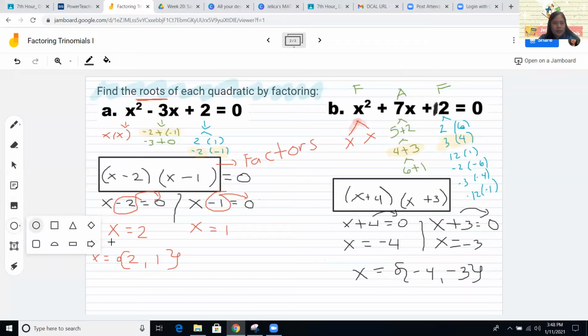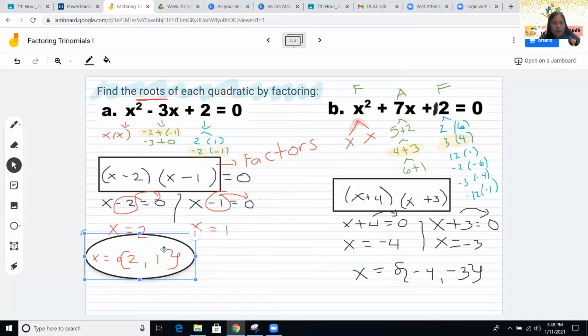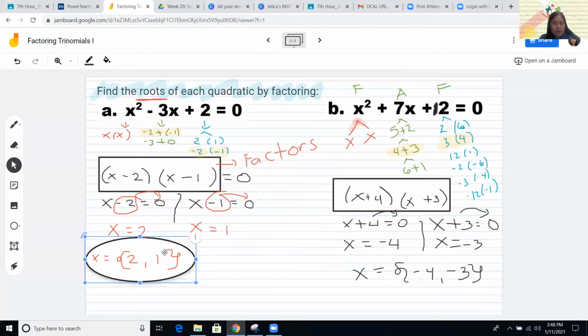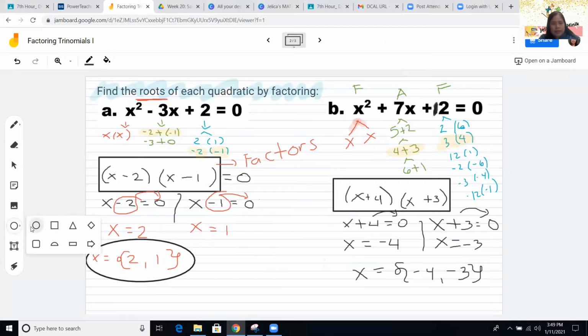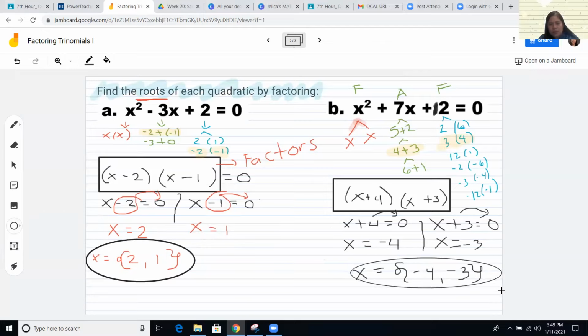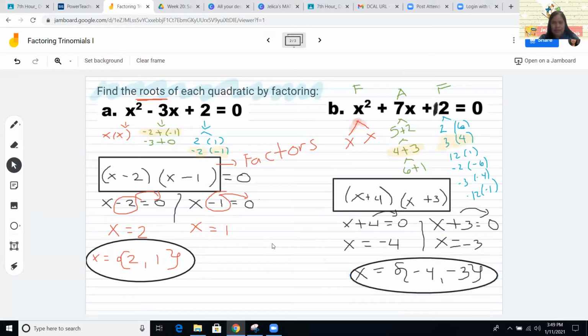Let me encircle them. It's up to you whether you use x equals the number or brackets, and it also depends on the test, on the major test. Just don't get confused on that. You may present your answer by brackets or by the value of x with an equal sign.